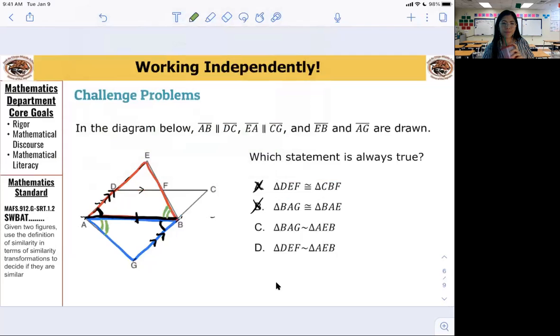Since that side is, then it has to be the same. Well, not the same. Similar.